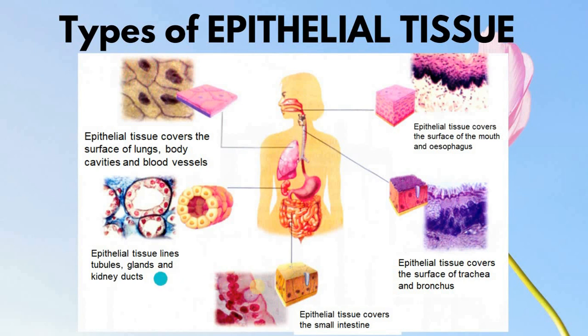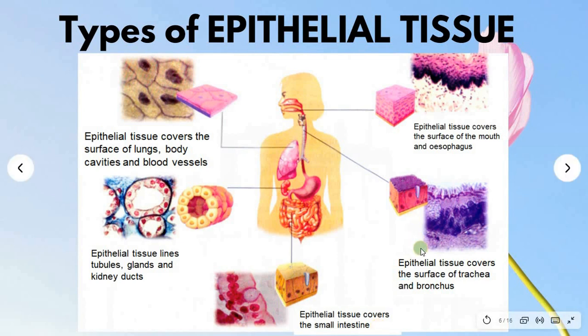Then the third one, epithelial tissue covers the small intestine. The small intestine is the main organ in digestion, so epithelial tissue will cover its surface.